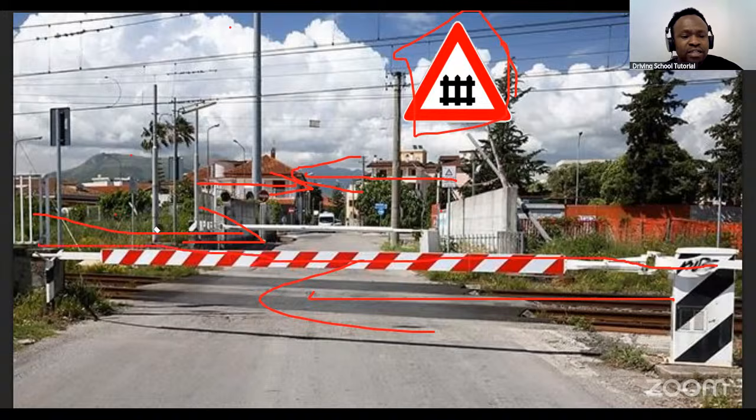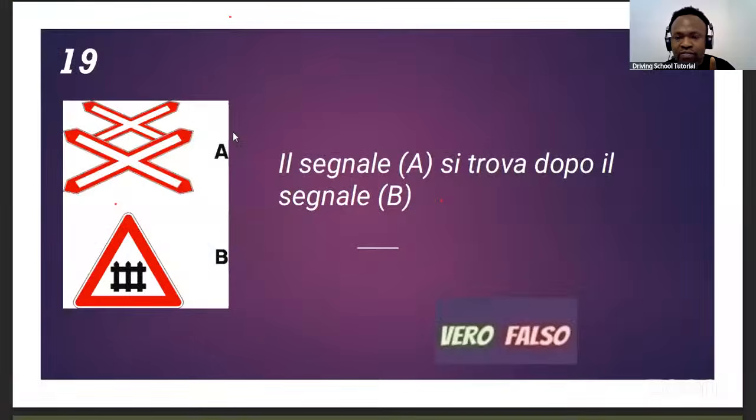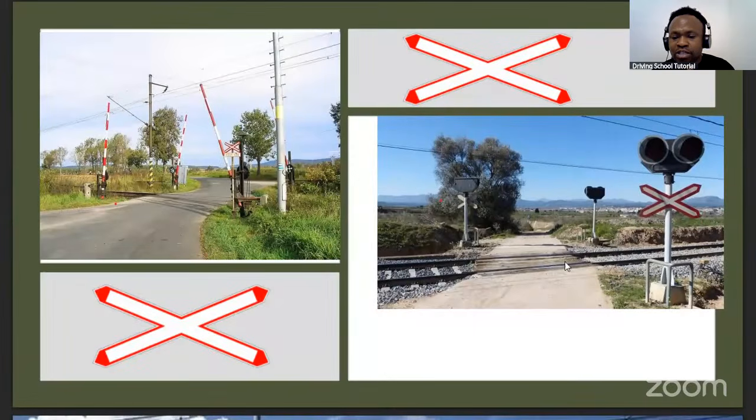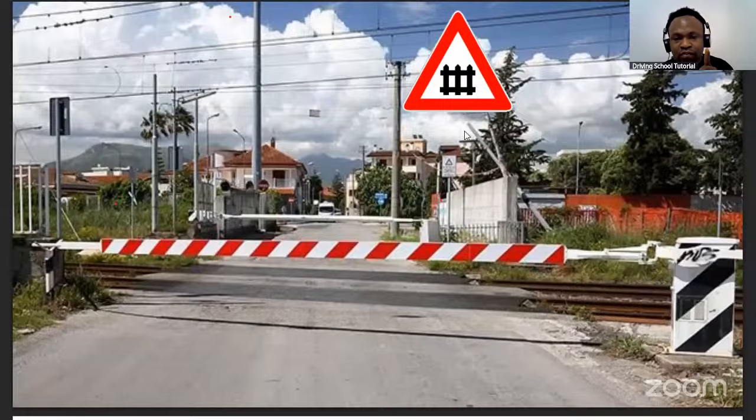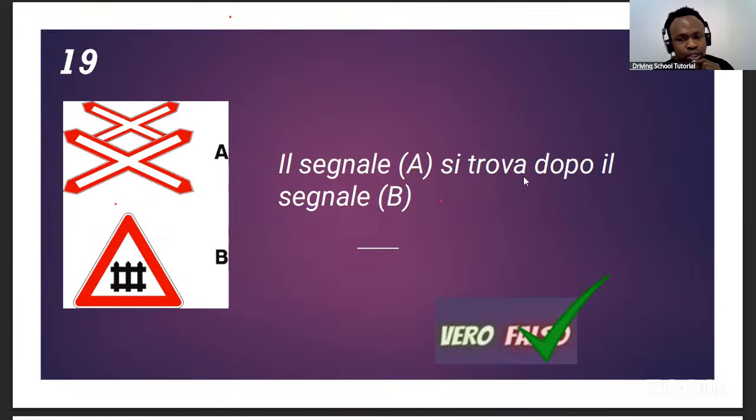You understand? And this sign here is placed only on a road where you have passaggio a livello with barriers or semi-barriers. So this sign cannot be placed on a road where you don't have semi-barrier. That is why they cannot place two of them in the same road. Therefore, it is not correct to say that il segnale A si trova dopo il segnale B. The answer is falso because both of them cannot be placed in the same road. So that is why the answer is falso.